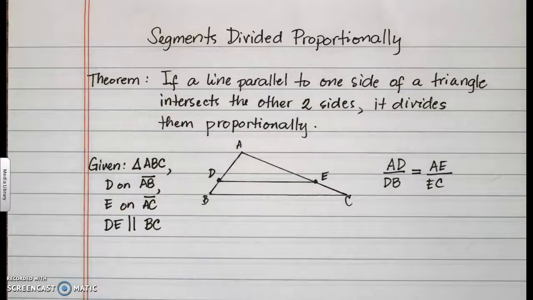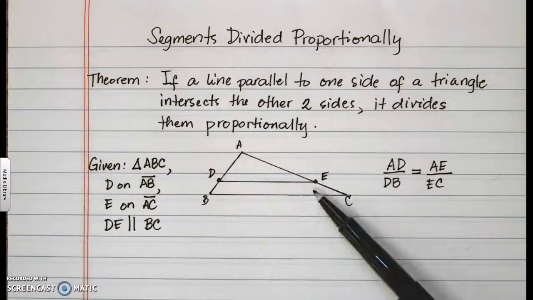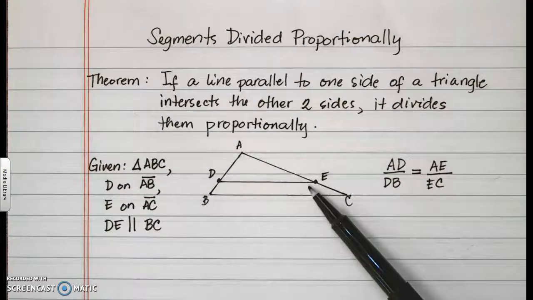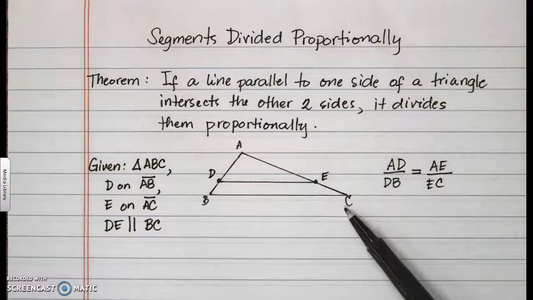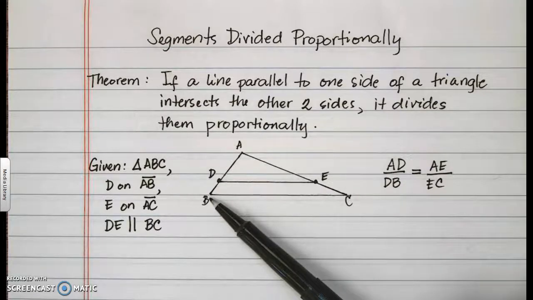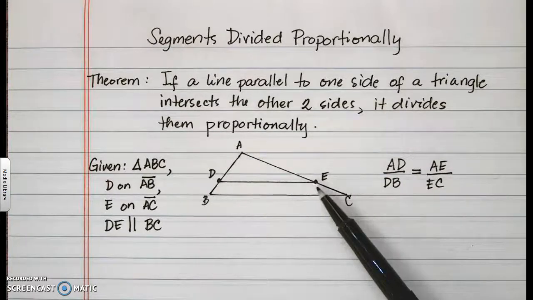The first theorem on this is if a line parallel to one side of a triangle intersects the other two sides, it divides them proportionally, which means that in this particular case, given triangle ABC, and D is on AB and E is on AC, and segment DE is parallel to segment BC, we can conclude that AD over DB is equal to AE over EC.